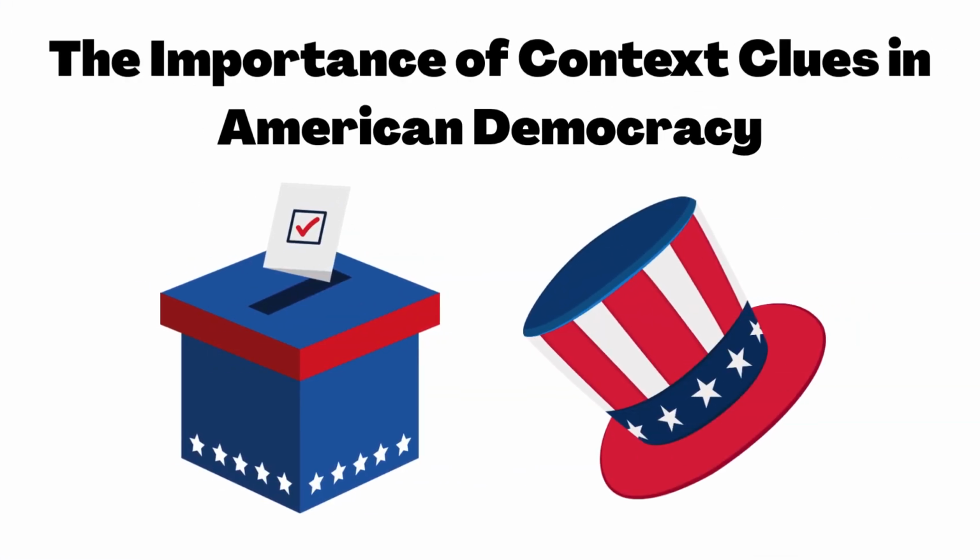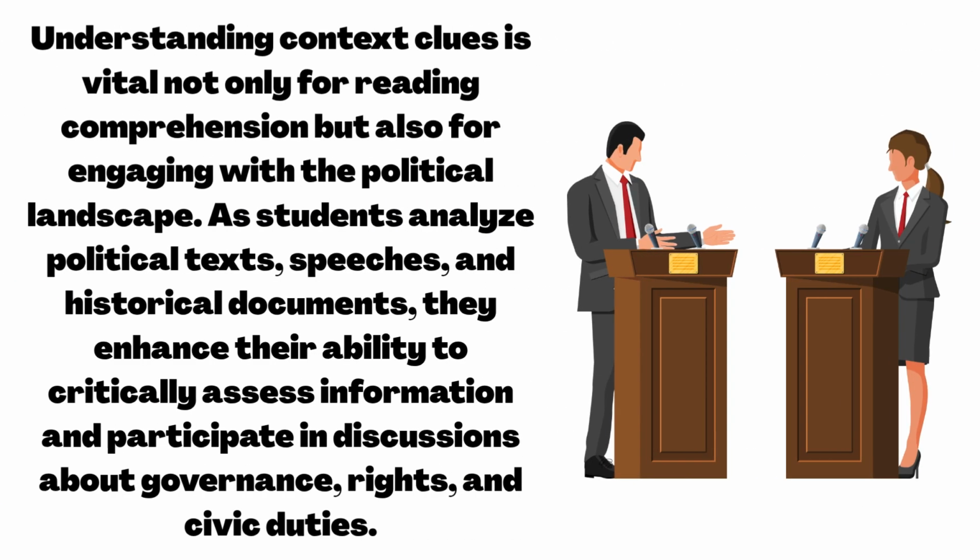The importance of context clues in American democracy. Understanding context clues is vital not only for reading comprehension but also for engaging with the political landscape. As students analyze political texts, speeches, and historical documents, they enhance their ability to critically assess information and participate in discussions about governance, rights, and civic duties.